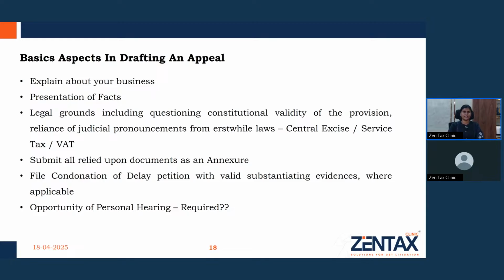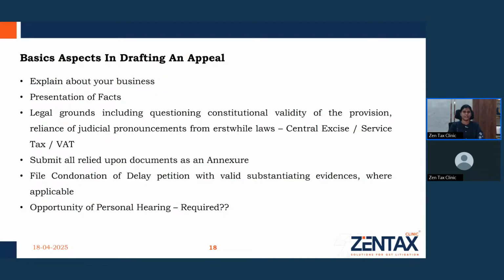Next is the legal grounds, including questioning constitutional validity of the provision. Reliance can be made on judicial pronouncements from erstwhile laws also. That is, judicial pronouncements from central excise or service tax or VAT can also be incorporated in the legal grounds. We should also submit all relied upon documents as an annexure to our appeal.